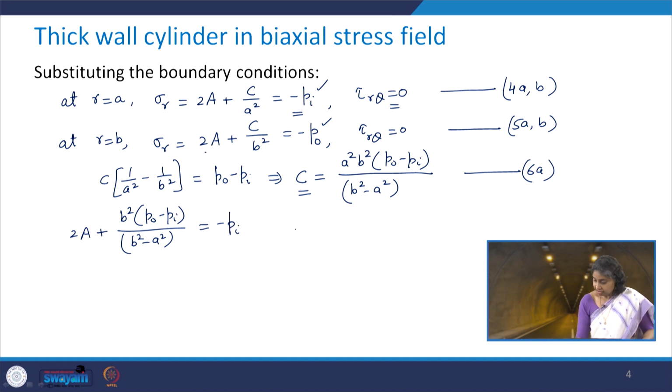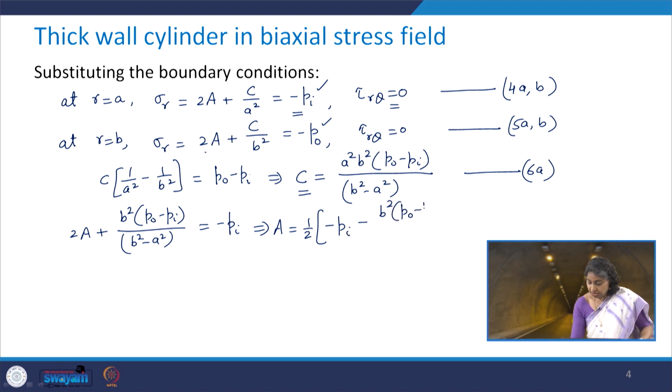Okay, and we will get a as half times minus p i minus b square into p naught minus p i divided by b square minus a square.